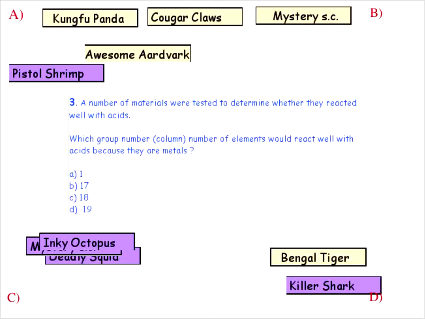Does anybody else want to change answers based on what's been presented so far? Okay, so Killer Shark was saying initially the higher the number, so you meant the higher the column, which would be further to the right. But now you're saying further to the left. What do you guys think it is? Do you think metals are further on the left or the right? Okay, does everybody agree? So what do you think the answer should be?